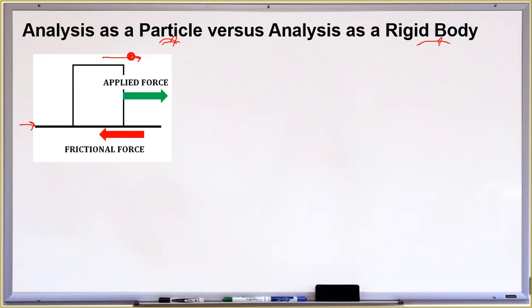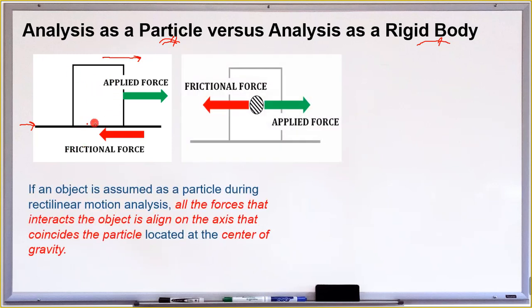From the previous lesson, if we analyze this block as a particle, this is our assumption: we treat the block as a single particle located at the center of gravity, CG, on the second picture. If the object is assumed as a particle during rectilinear motion analysis, as we did in the previous lesson, all the forces that interact with the object are aligned on the axis that coincides with the particle.